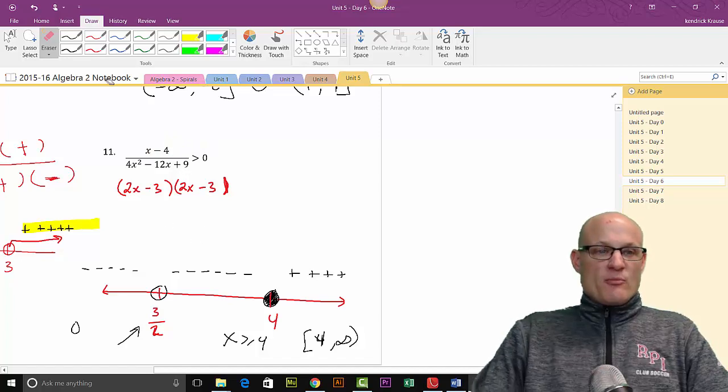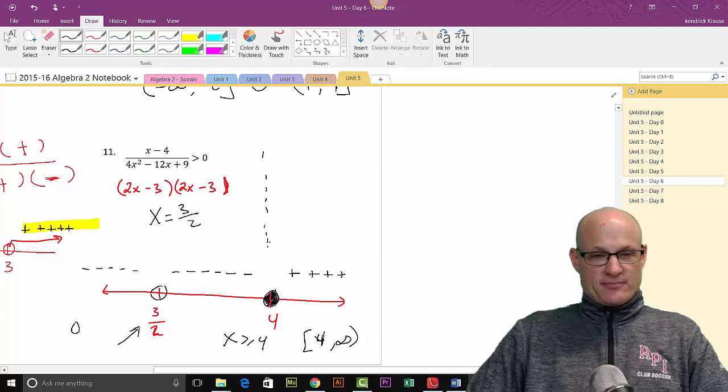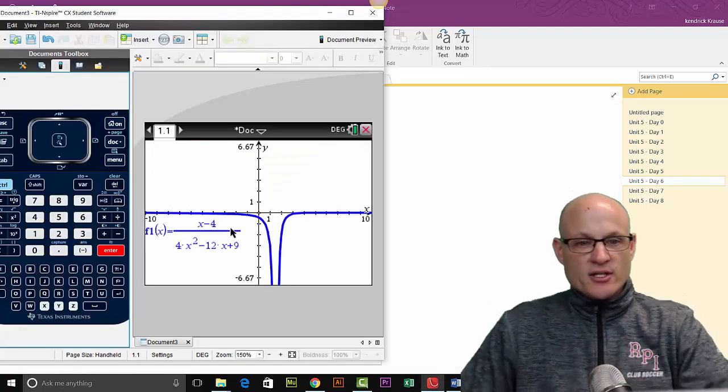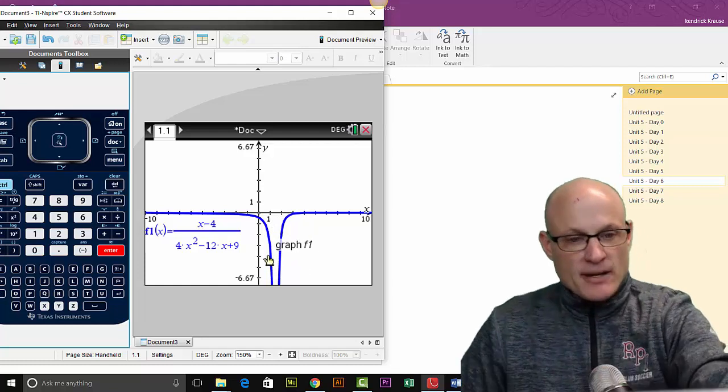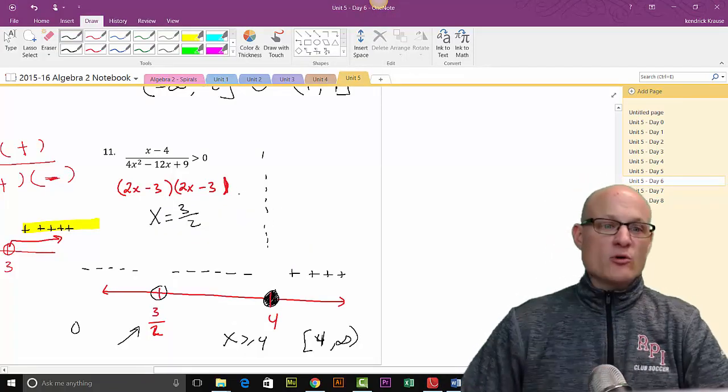Okay, so if you remember correctly, what makes the denominator equal to 0 is x equals 3/2, that's a vertical asymptote at 3/2. So if I look at 3/2, oh look, at 1.5, it looks like I have a vertical asymptote right here. Yes? Now, come back. Where do I have a horizontal asymptote?